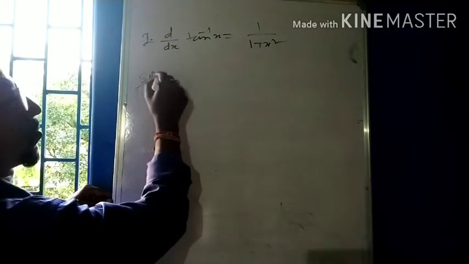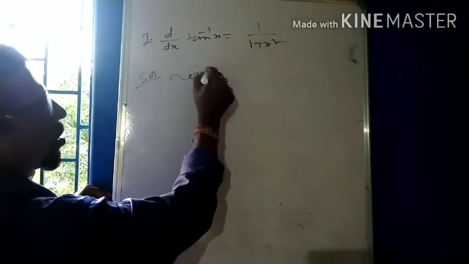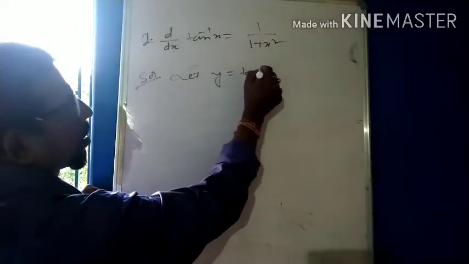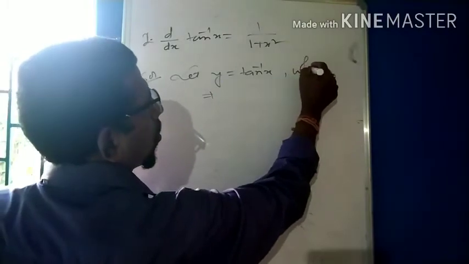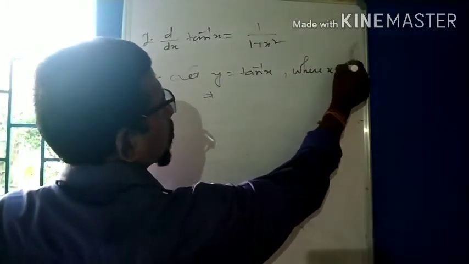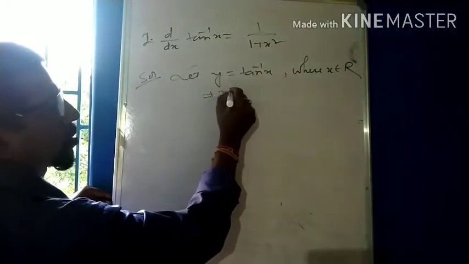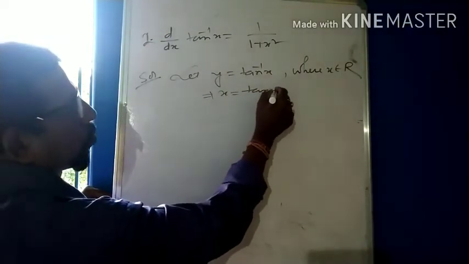Let us prove it. Let y equal to tan inverse x. For all y, x belongs to the real numbers. So here x will be tan y.